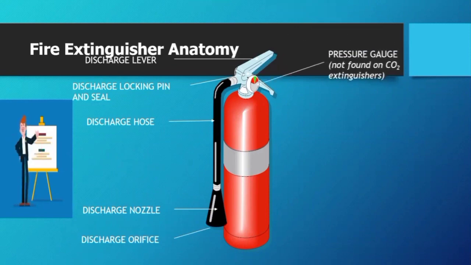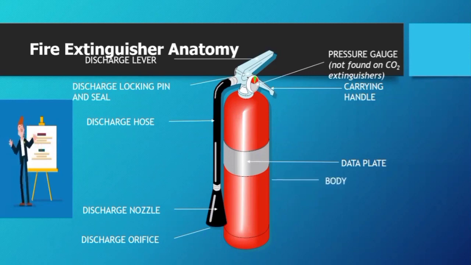That is a pressure gauge, but some fire extinguishers don't have this kind of pressure gauge. Carrying handle. This is where it will show whether or not this fire extinguisher has passed or undergone the examination. And this is the body.